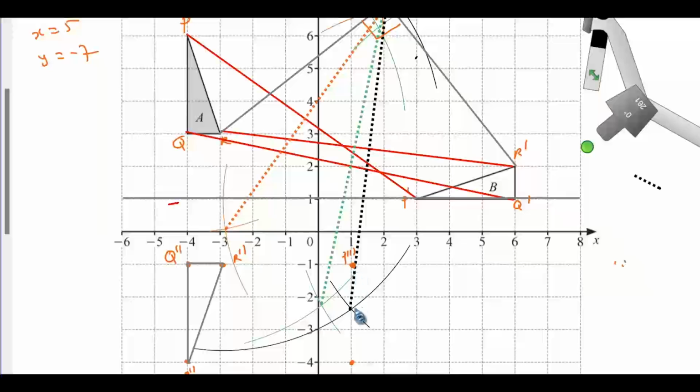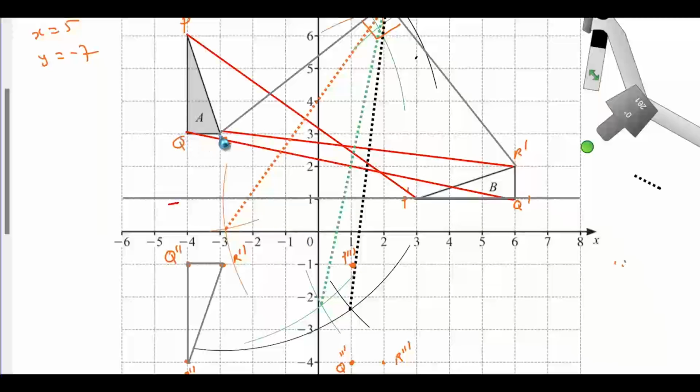We check here 1, 2, 3. So this will be Q prime prime prime, and for this you can easily get it. The gap between them is just 1, so it should be here. That is R prime prime prime should be here.